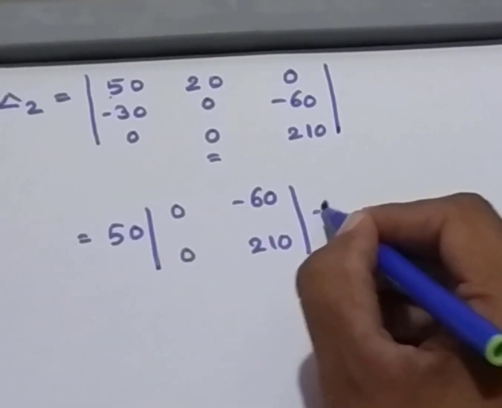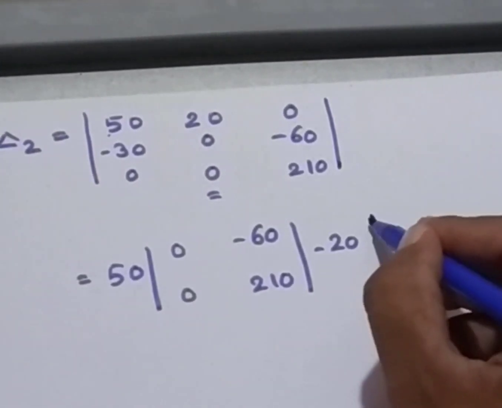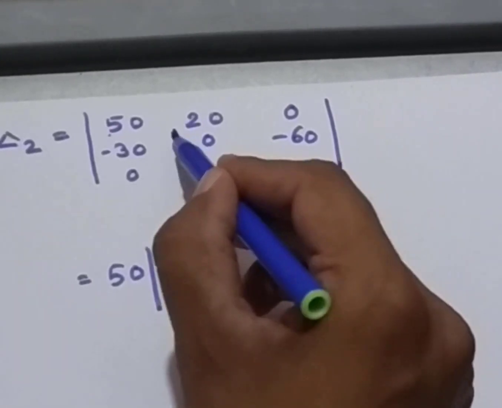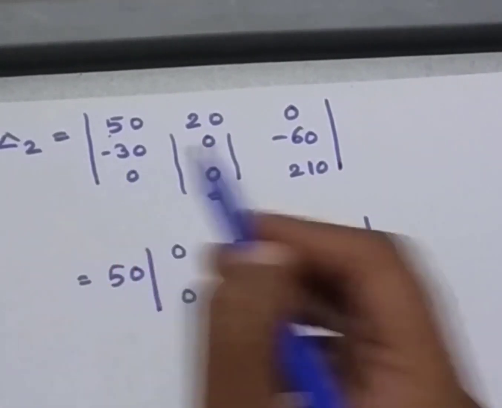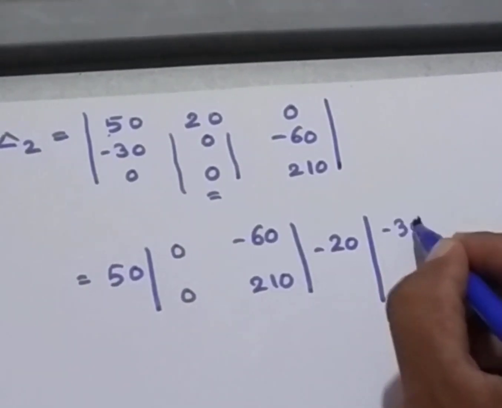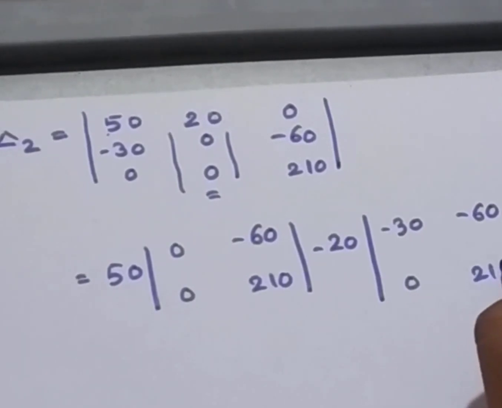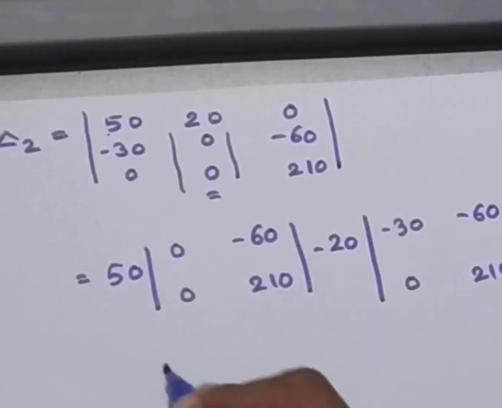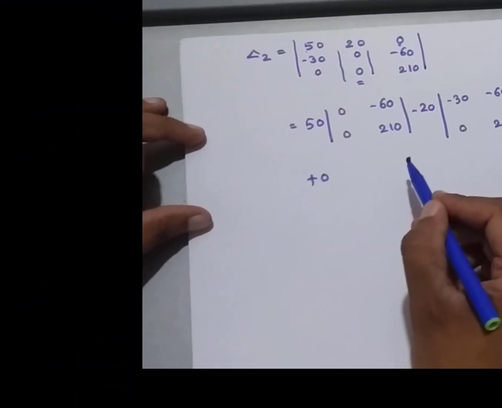Minus 20 into, let us cancel the second row and second column. The remaining terms are minus 30, 0, minus 60 and 210. The last term is already 0, so I am not going to write anything after this.